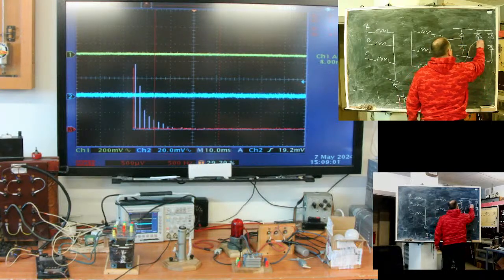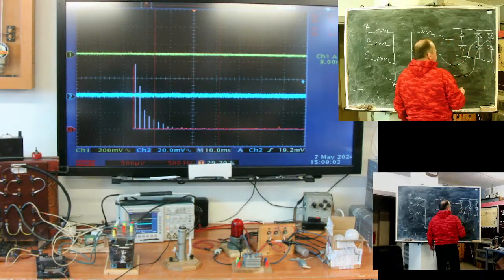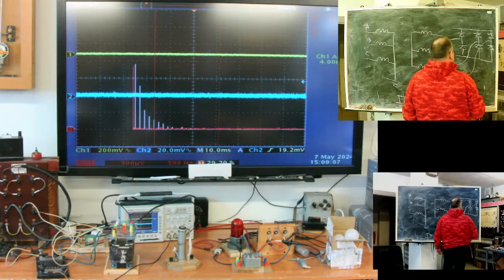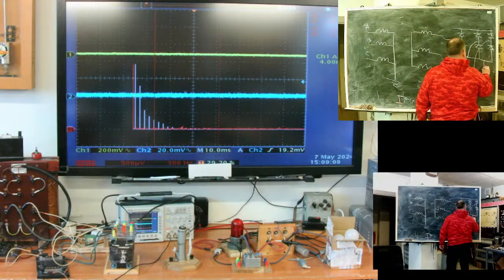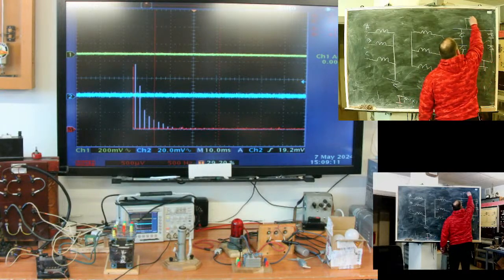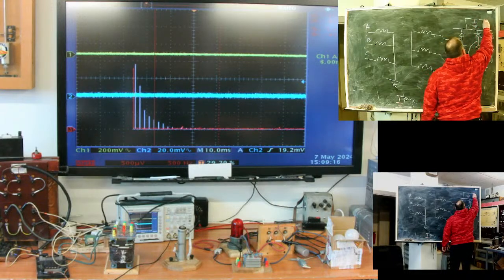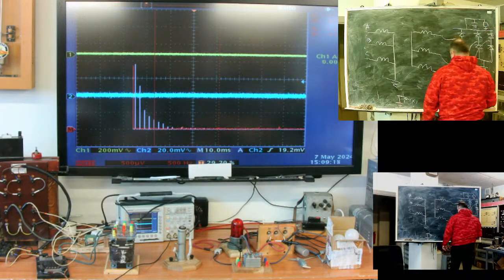A, B, C. Okay, this can be grounded, and here I will have a capacitor and some load.